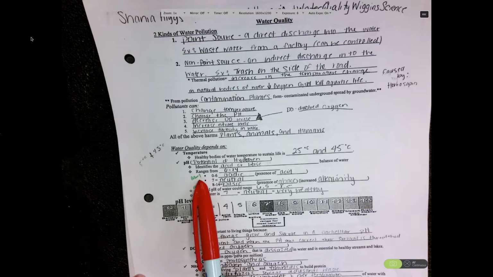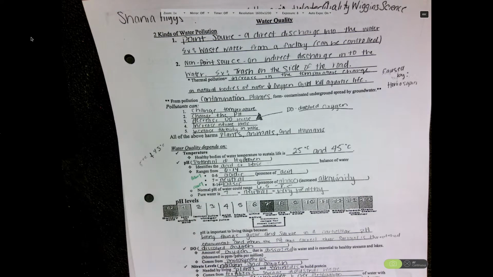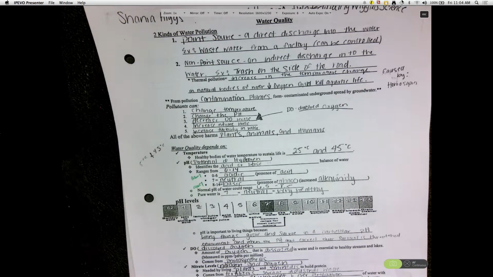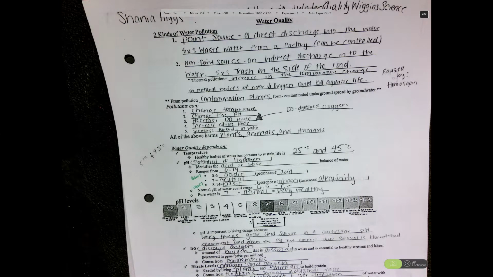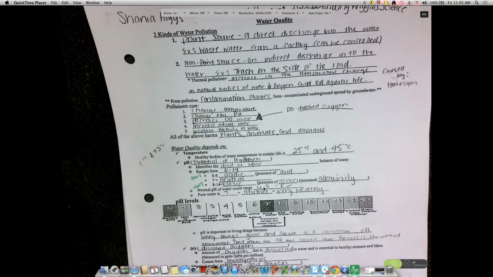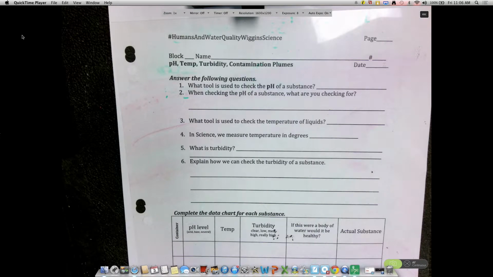Below 7 would be the presence of an acid. For basic, or presence of a base or increased alkalinity, above 7. All right? Fix your notes. Let's go ahead and get started.